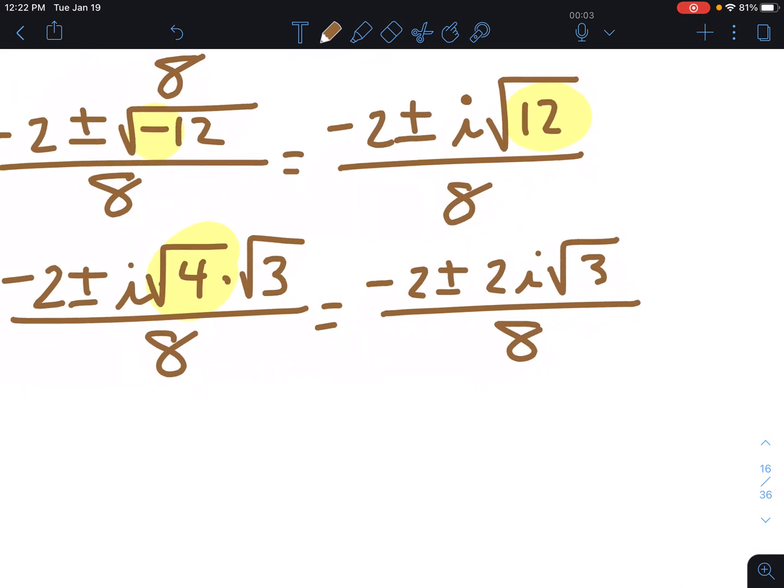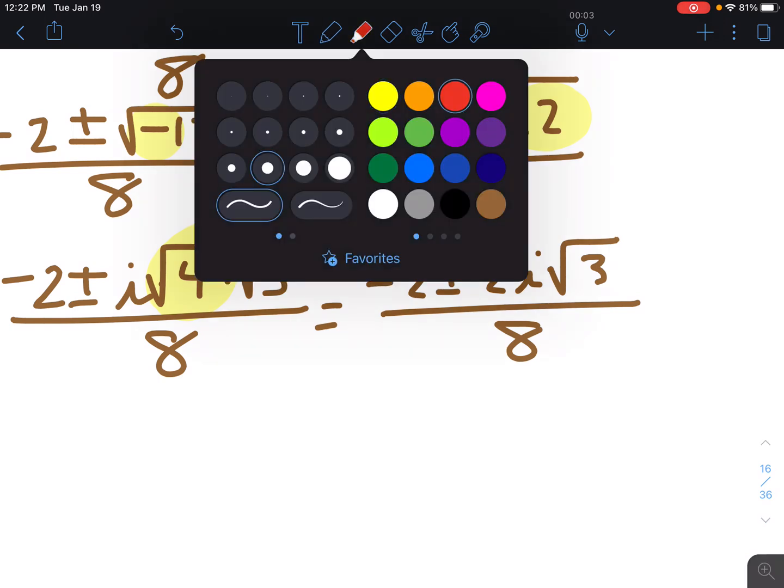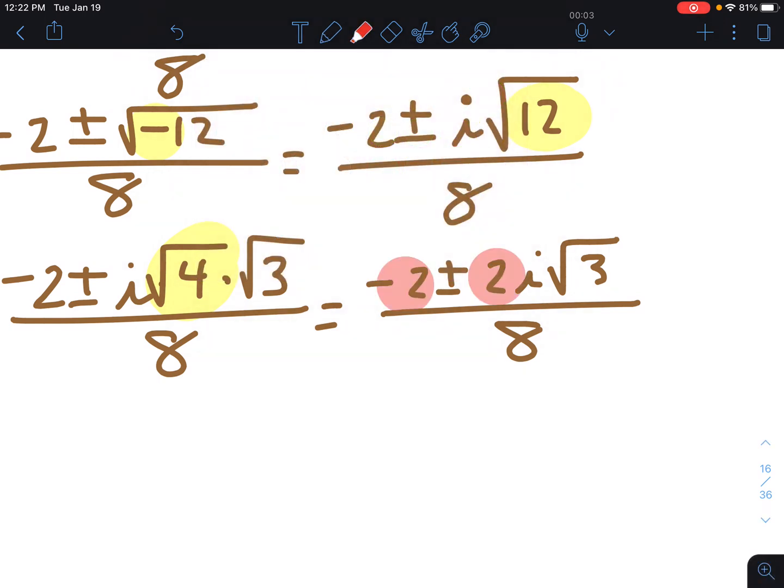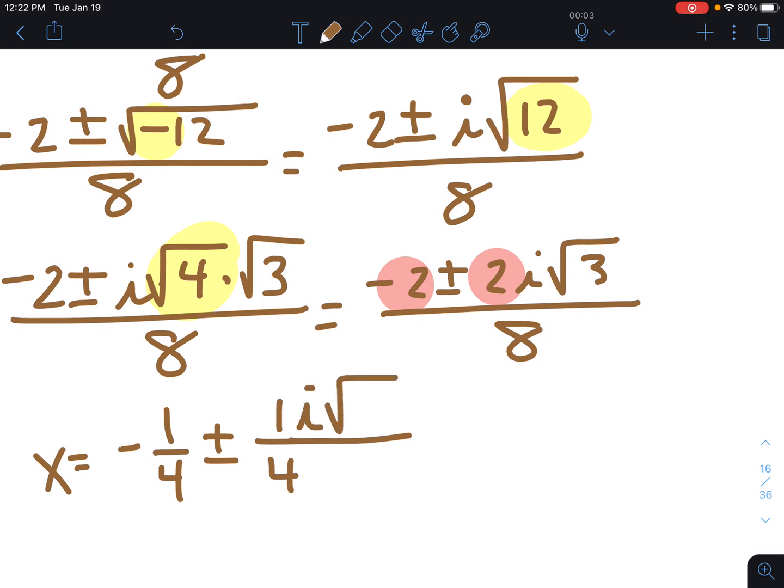And since we simplified the radical, we will try to reduce this fraction. Notice negative 2 and 2 can divide with 8. So negative 2 divided by 8 is negative 1/4. Plus or minus 2 over 8, also 1/4. And by the way, when we have the 1/4, I was just trying to erase the 1 there, not the i, so that's what you're left with.